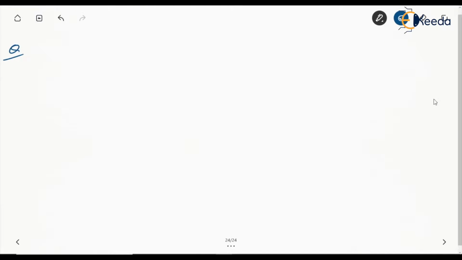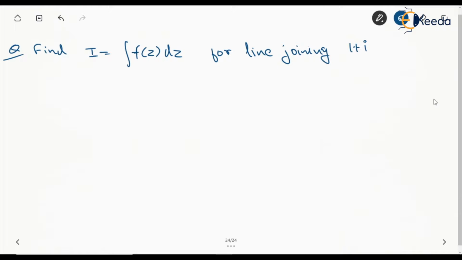So it says, find I equal to the integral of f of z dz for the line joining 1 plus i to 3 plus 3i, where f of z is real z.